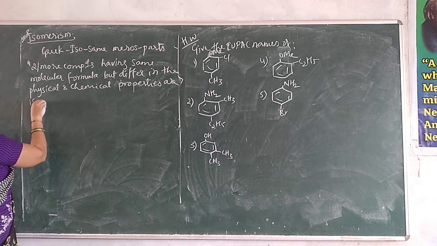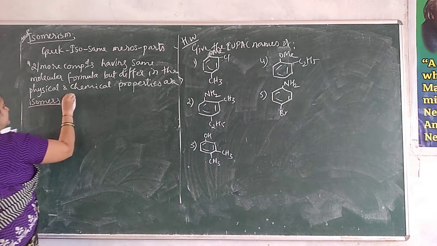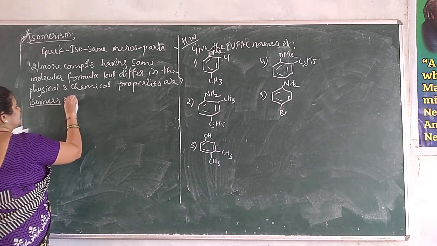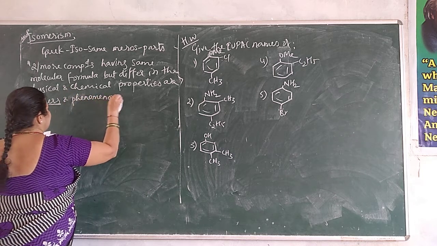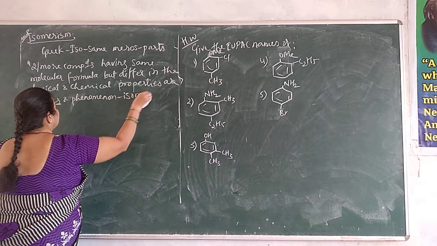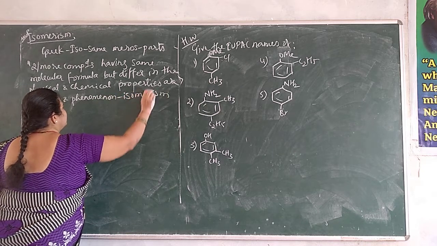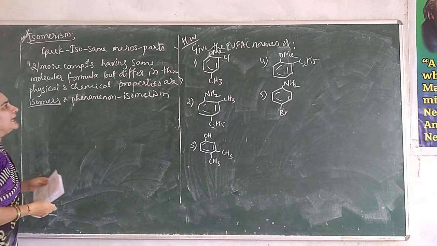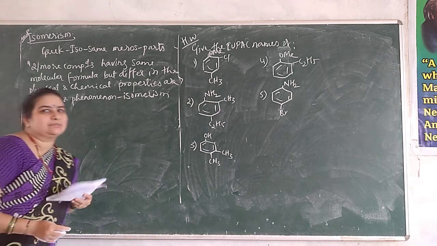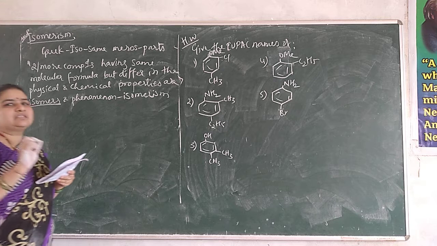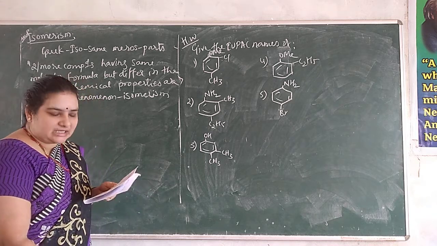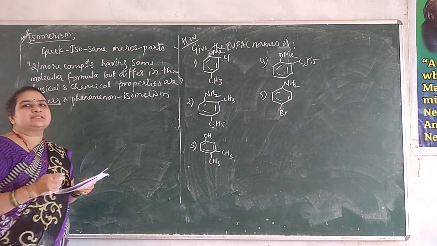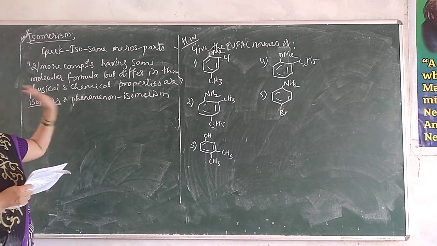Isomers, and the process is called by the name isomerism. Process or phenomena is given by the name isomerism. Okay, so I have given you the meaning in Greek. Iso means same, meros means parts, the compounds which are having same molecular formula but different physical and chemical properties are studied under the topic isomerism.